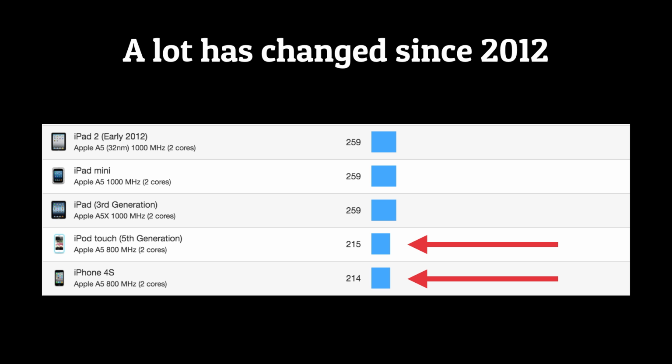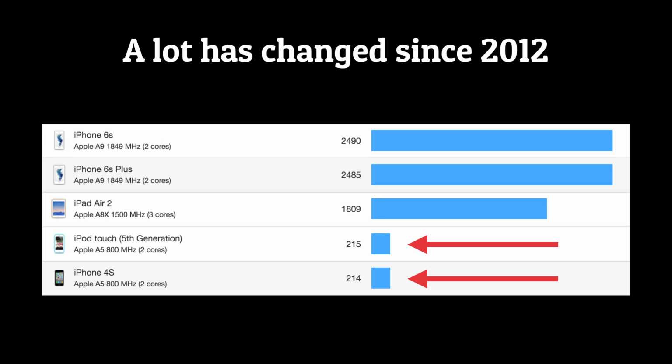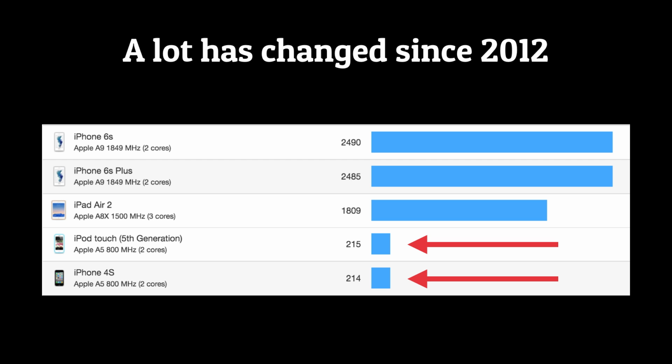Since 2012, the computing power of mobile devices has improved dramatically. So here you can see the two devices that were top of the line when Facebook decided to back out of HTML5 for mobile in 2012, compared to the iPhone 6s and 6s Plus. Now, at this time, the iPhone 7 is already out, which is even more powerful than what you're seeing here.